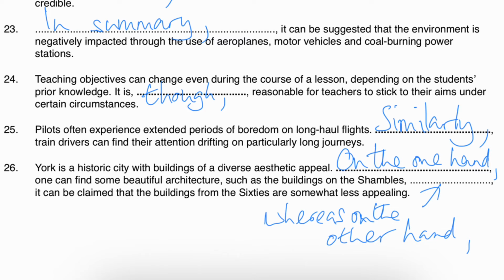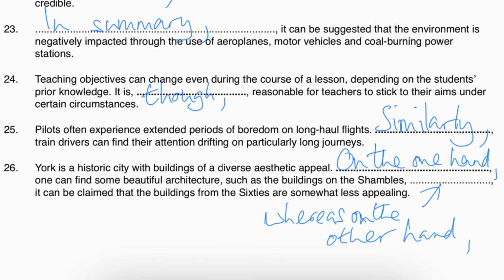Anyway, on the one hand and on the other hand, in English we only really use this to show a contrast. In your work, I often see it being used just to add information. So make sure that if you do use on the one hand, whereas on the other hand, that you do have a contrast. However, in general, I would recommend that you try to avoid using this expression altogether.